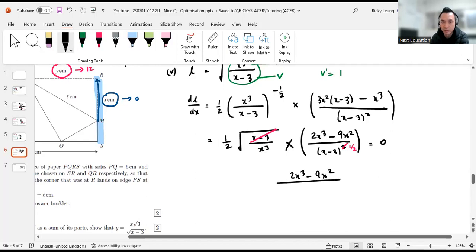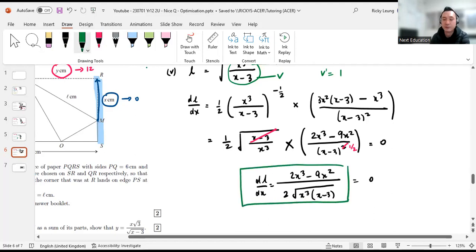Because that cancelled out, the only thing left is a 2 there, and the square root of x cubed multiplied by (x minus 3). That's basically as simplified as it can get, and that's what I'll use for testing max min. This is my dL/dx. I want to box it later to know that's what I'm going to use to test for max min.